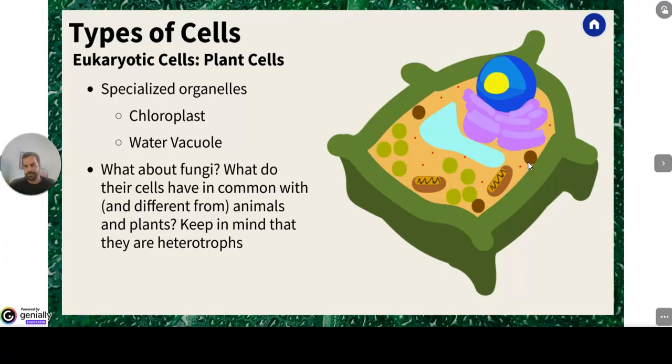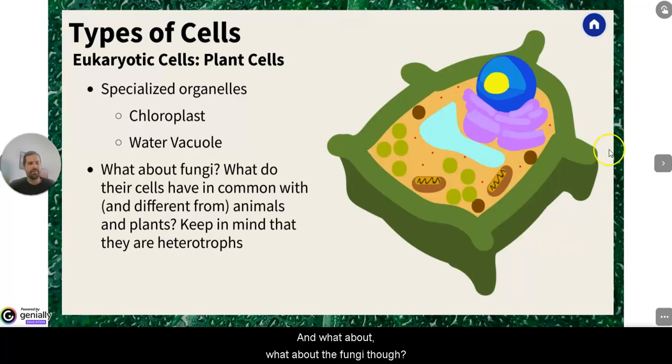By having a bunch of water in this membrane-bound sac within the cell, you can push that cell membrane up against the cell wall and really get it full. If the water vacuole is completely empty and there's a loss of fluid from the cell itself, the cell membrane can get shrunk away from the cell wall.